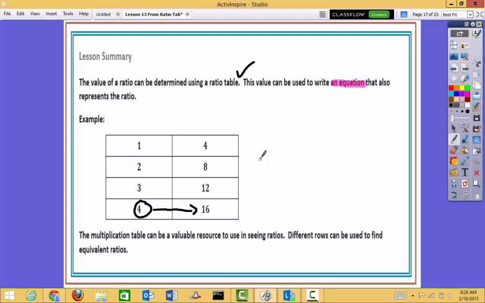So this example would be, I'm going to say this would be A and B. B would equal 4 times A. That's all we're saying for that equation. We use that value. The multiplication table can be a valuable resource to use in seeing ratios. Different rows can be used to find equivalent ratios. We did not do that because of time, but if you're curious, just pull out a multiplication table and see if you can see what it's talking about.